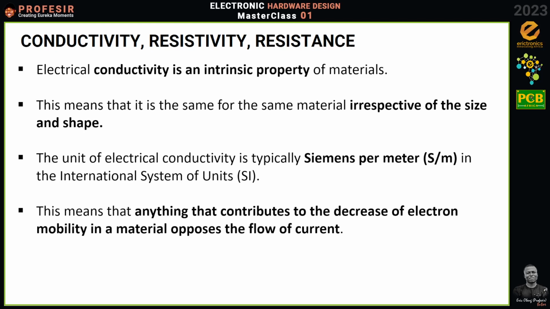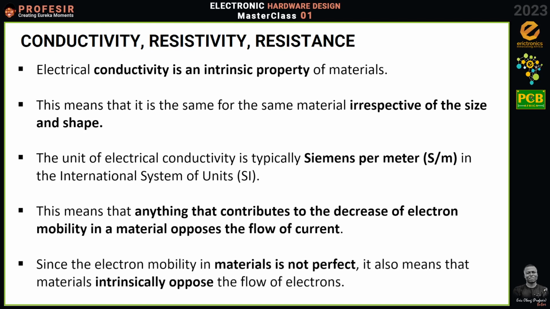Anything that decreases electron mobility in a material will in turn oppose the flow of current, right? Because mobility is related to electrons. It's related to current. It tells how much current will flow. So if something is reducing mobility, that thing is also reducing current. It's a consequence.